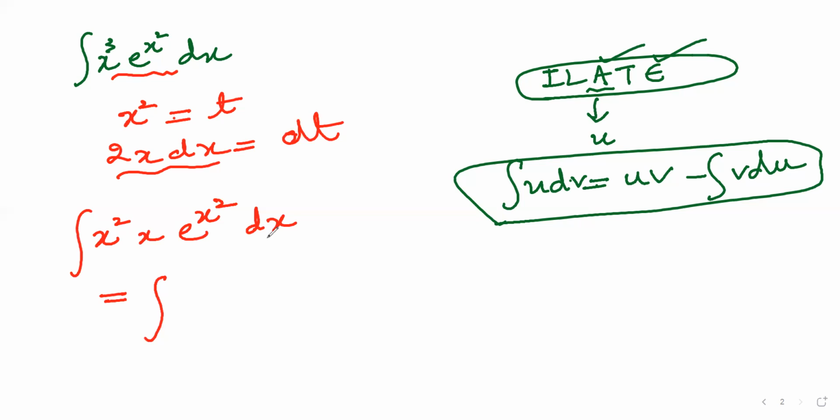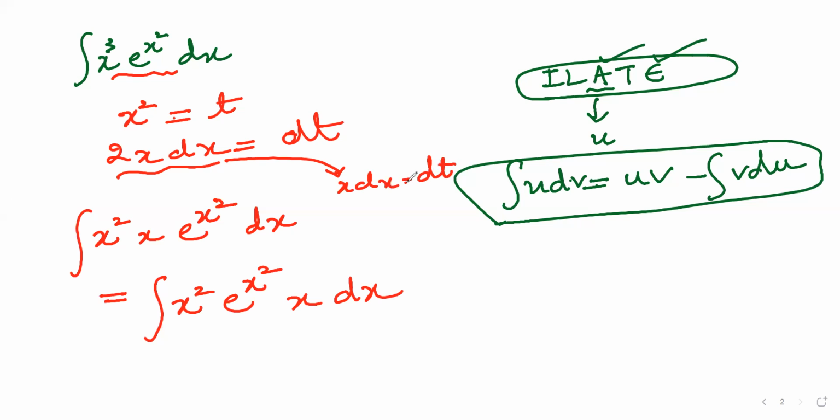So we can write x square e to the power x square. It's multiplication, the order wouldn't matter, into x dx. See, 2x dx is dt, or if you relate back, x dx is dt over 2. So this will be dt by 2.